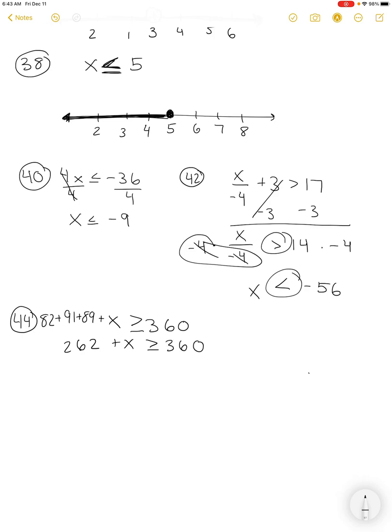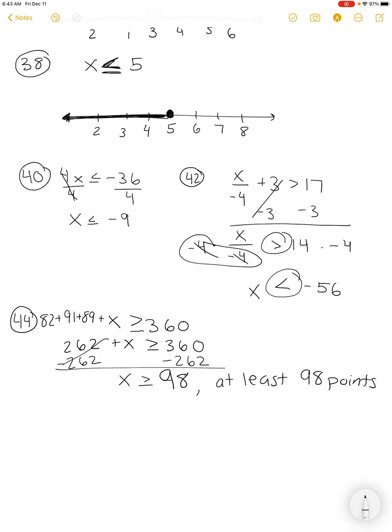I'm going to subtract that from both sides. You end up with X is greater than or equal to 98. So that means she needs to make at least 98 points on that next test.